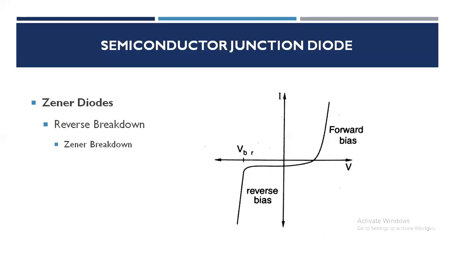When the applied reverse voltage produces a sufficiently large electric field across the junction, some of the covalent bonds are ruptured owing to this electric field, and a large number of holes and electrons is produced in the crystal. The holes and electrons are responsible for the rapid increase in the saturation current. This phenomenon is called Zener breakdown.